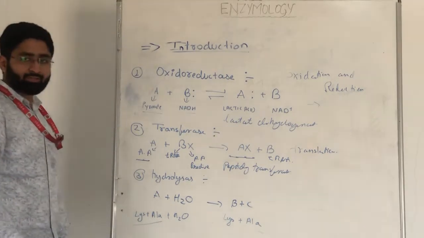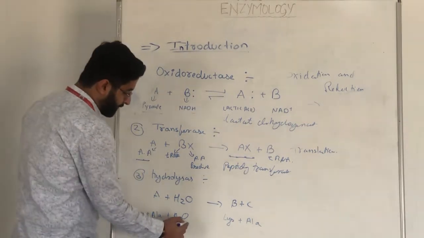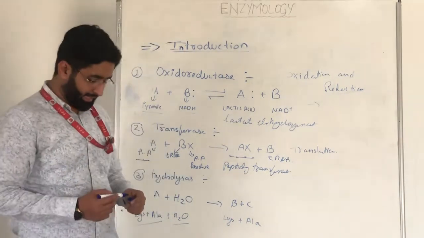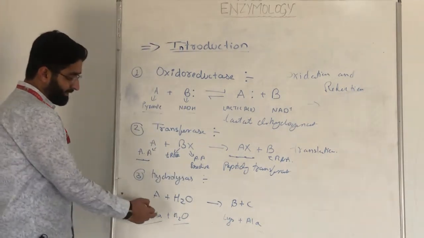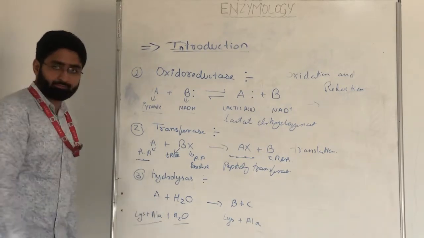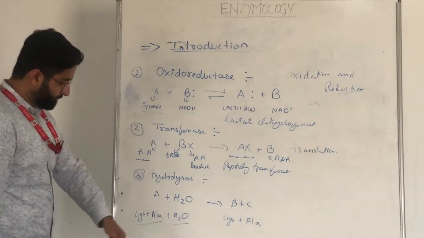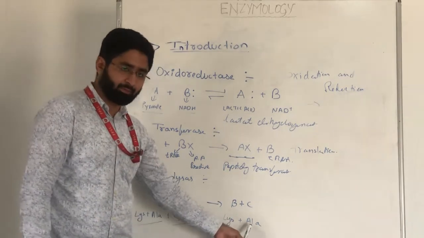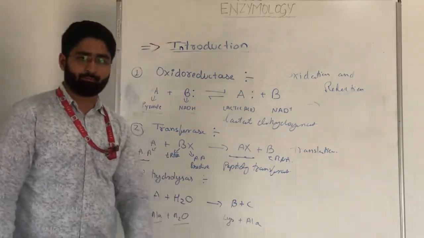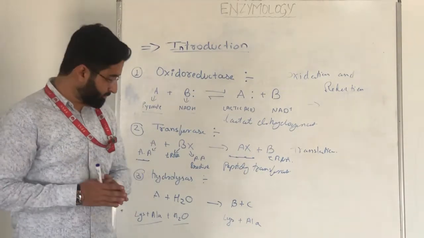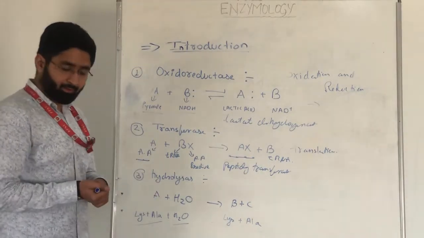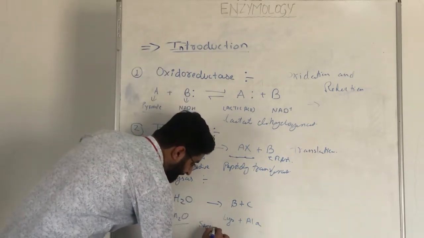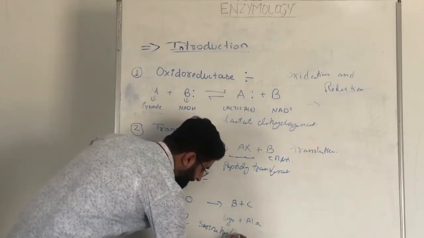So this is an amino acid, this is a water molecule, and the breakdown of this amino acid happens. So first we have a lysine and alanine amino acid chain, okay, and with the help of water and an enzyme it breaks down into simple separate compounds, lysine and alanine. The enzyme responsible for the breakdown in this reaction is serine hydrolase.